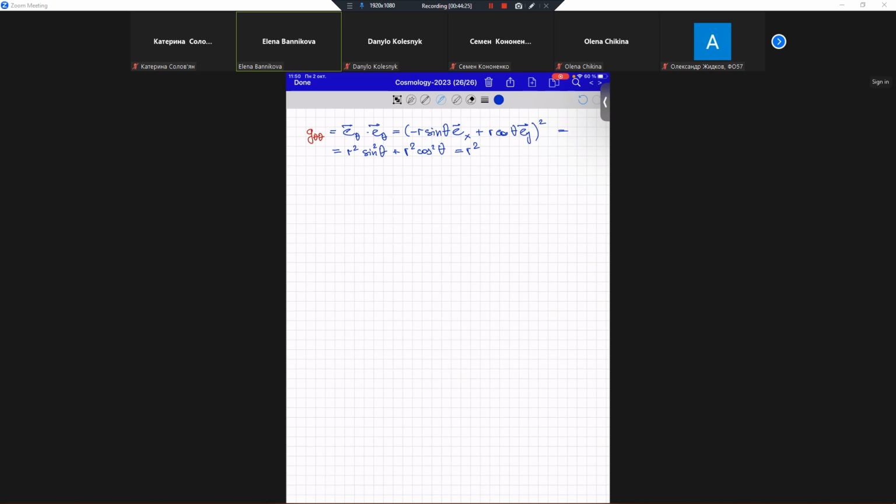In the polar coordinate system, the components of the metric tensor are the following: this is 1, because this is g_rr, then R squared, 0, 0. So this is an example with a polar coordinate system.